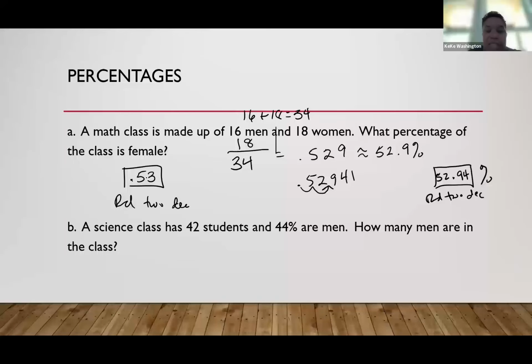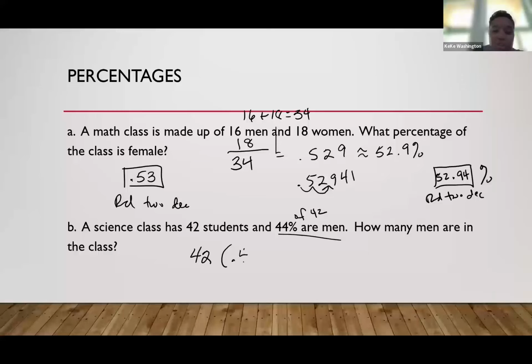Okay. Science class has 42 students. 44% are men. How many men are in the class? So I have 42 students total, and a portion of them are men, and we want to know how many men. If 44% of the 42 students are men, think of it that way: of in math means to multiply.